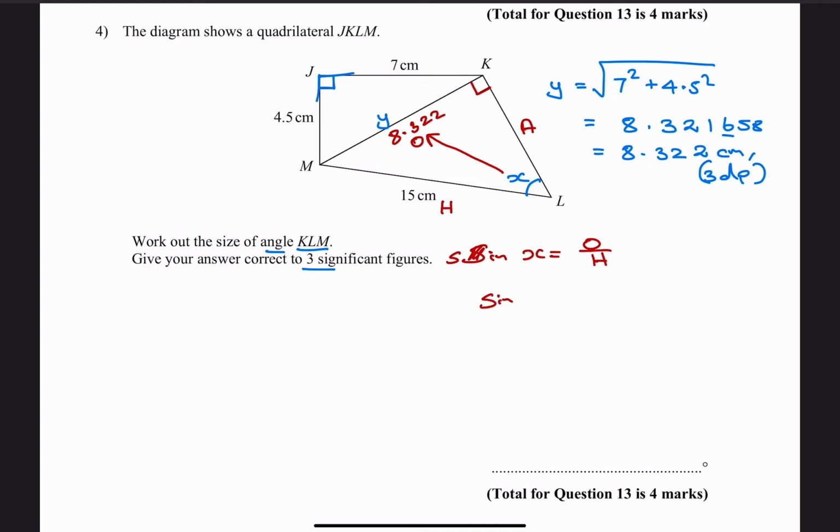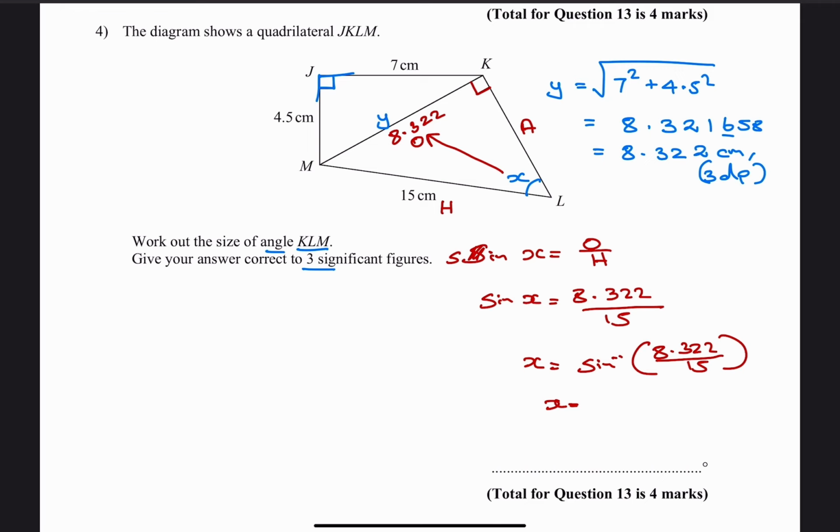So sine x, because the opposite is 8.322 over 15. Then x is equal to sine inverse of 8.322 over 15. And x is. So when I type in the calculator, of course, sine inverse, yes.